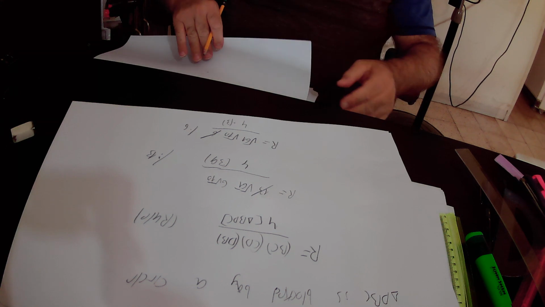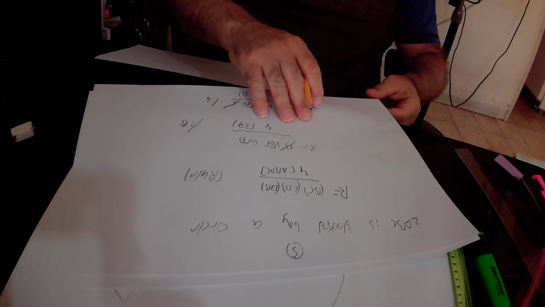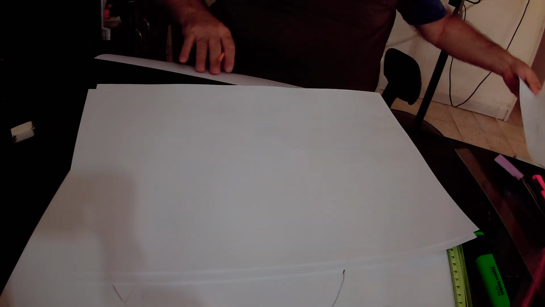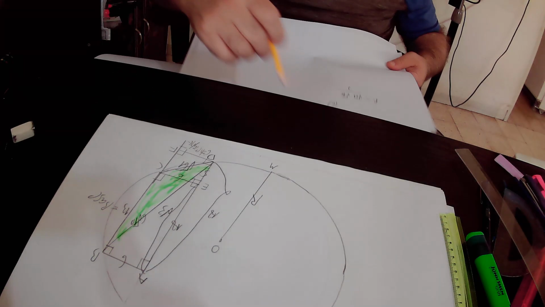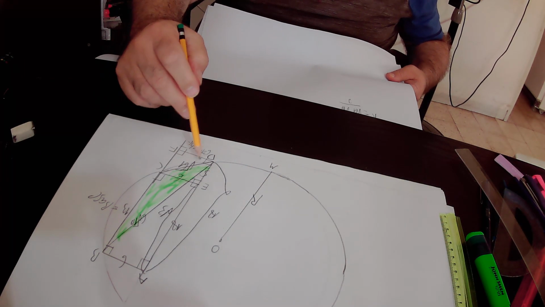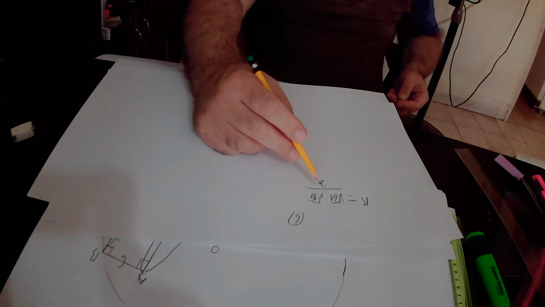In conclusion, we found out that the radius of this circle that blocks the green triangle DBC is equal to square root of 61 times square root of 10 over 2.